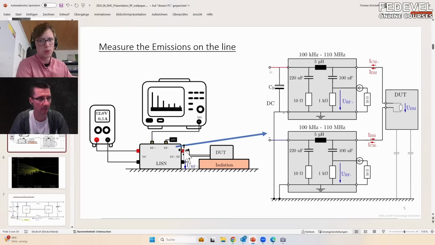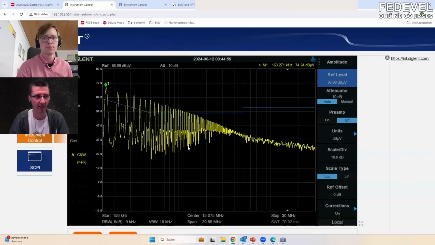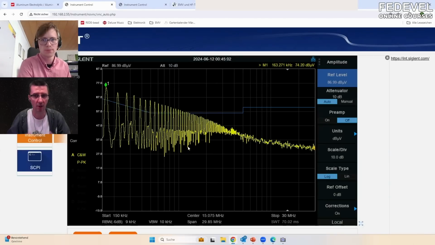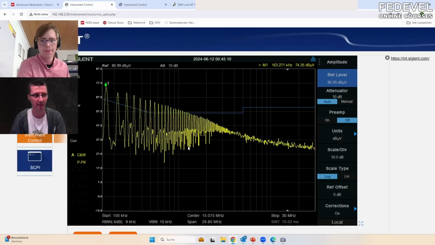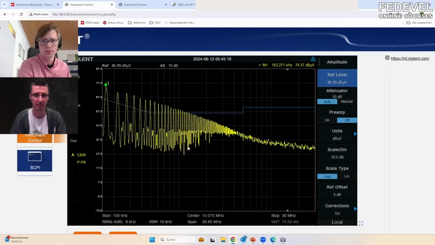So it's always a summary of both, and you don't know if it is the common or differential mode. We will see the maximums from both, but if we would like to solve this kind of problem, we need to know if the peaks are from the common or the differential mode, and that's why we also need the other device to be able to separate them. But right now we would like to just see if there is a problem.